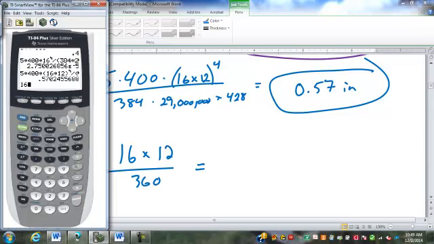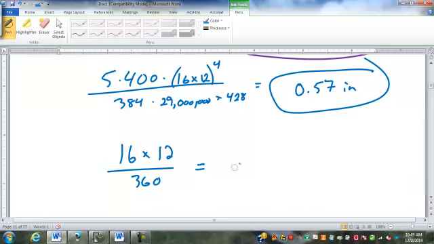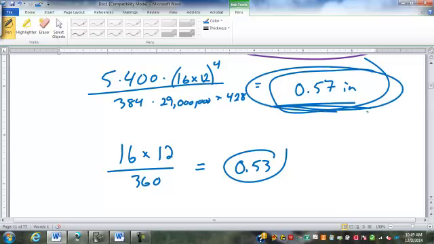So 16 times 12 converts that span into inches, divided by 360, 0.53. So we're really close. We're a little bit more than what we should be on that. Now we did an L over 360 application. Chances are if you're using a steel I-beam, it's an L over 240 application. Usually steel I-beams are in the floor.